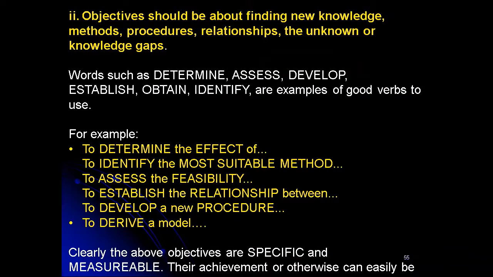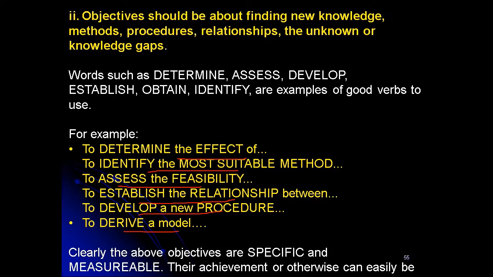Number 2, the objective should be about finding new knowledge, method, procedures, relationships, the unknown, the knowledge gaps. So that's why we use words such as determine, assess, develop, establish, obtain, identify. For example, these are some examples: determine the effect, identify the most suitable method, assess the feasibility, establish a relationship, develop the new procedure, derive a model.